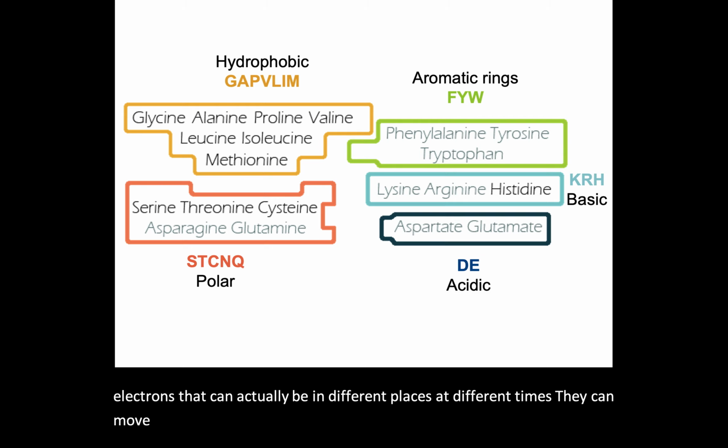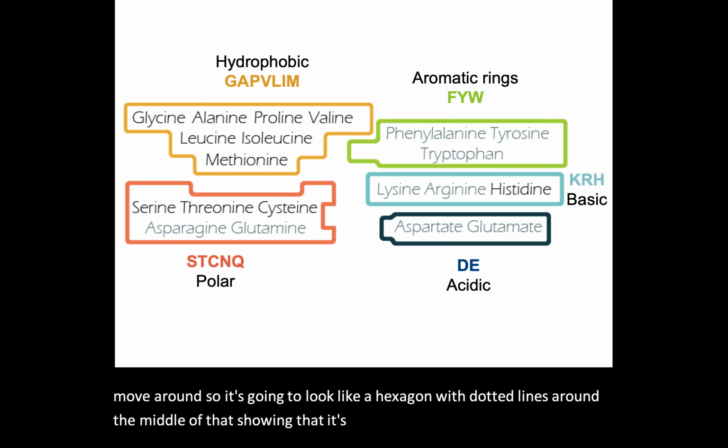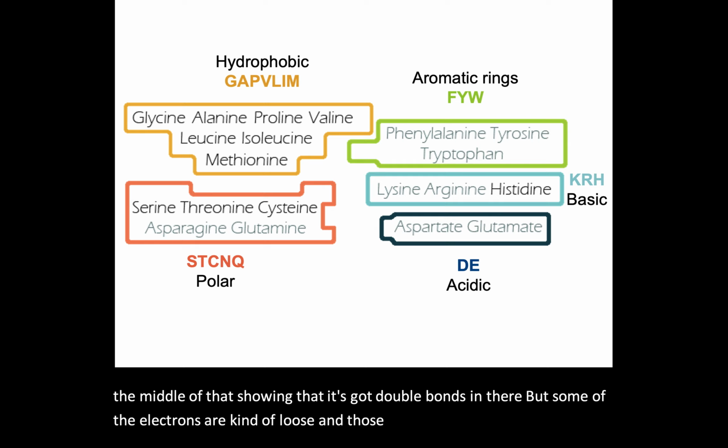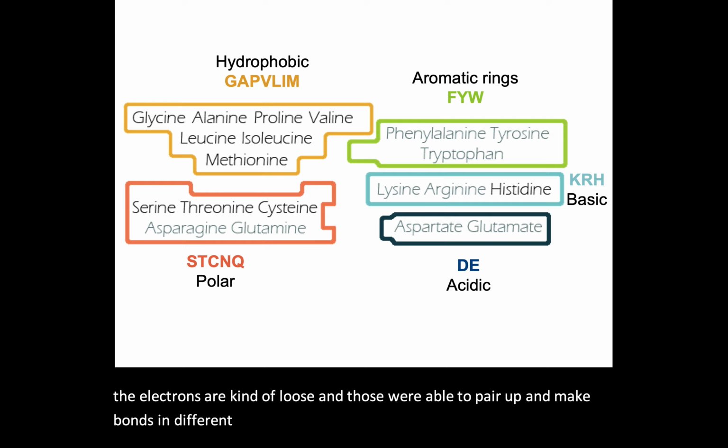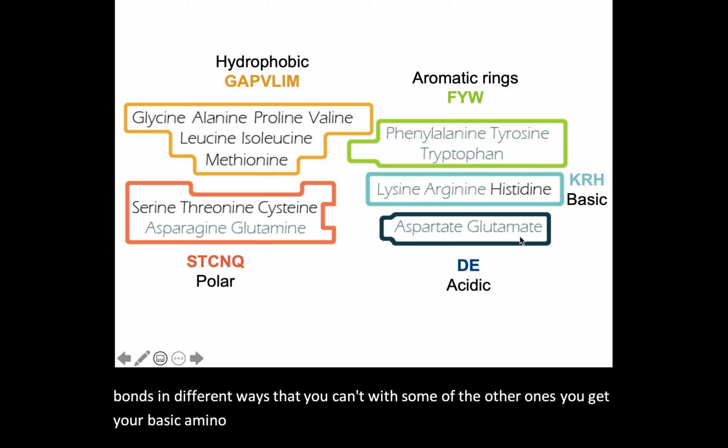So it's going to look like a hexagon with dotted lines around the middle of that, showing that it's got double bonds in there, but some of the electrons are kind of loose. And those are able to pair up and make bonds in different ways that you can't with some of the other ones. You got your basic amino acids, which are going to be lysine, arginine, and histidine.